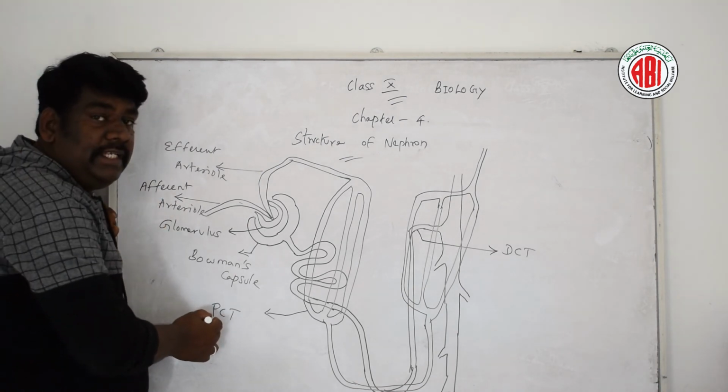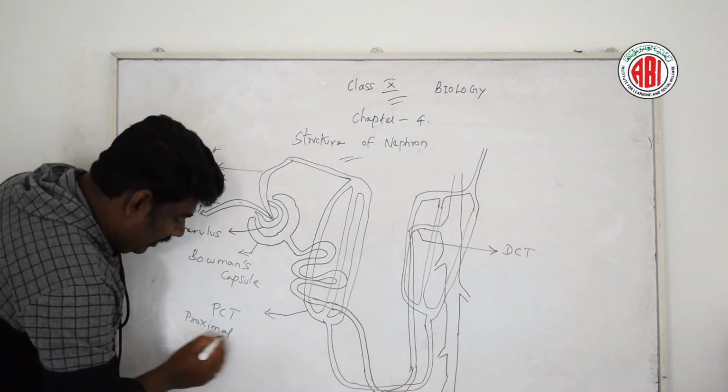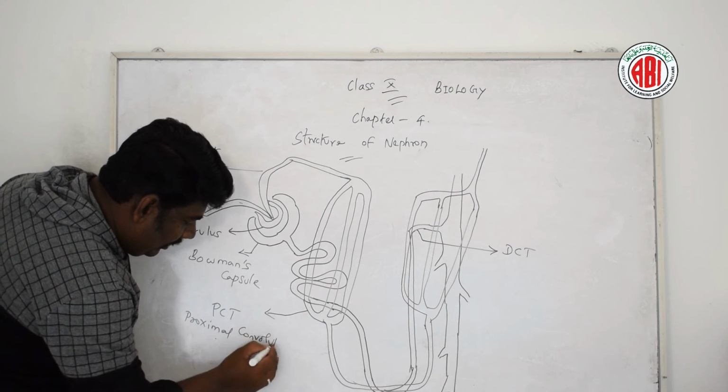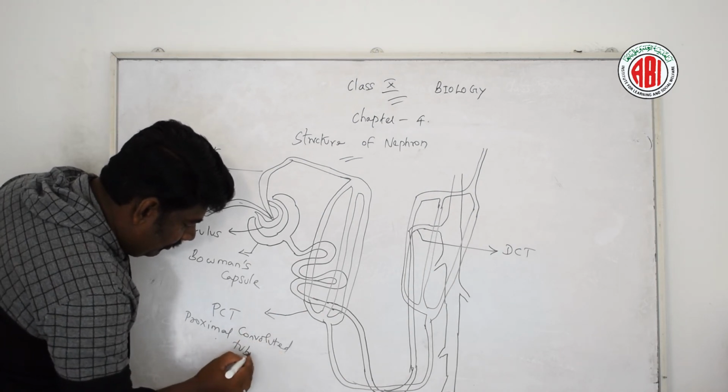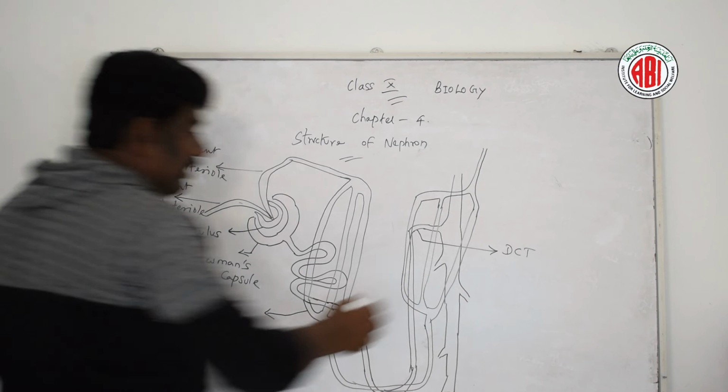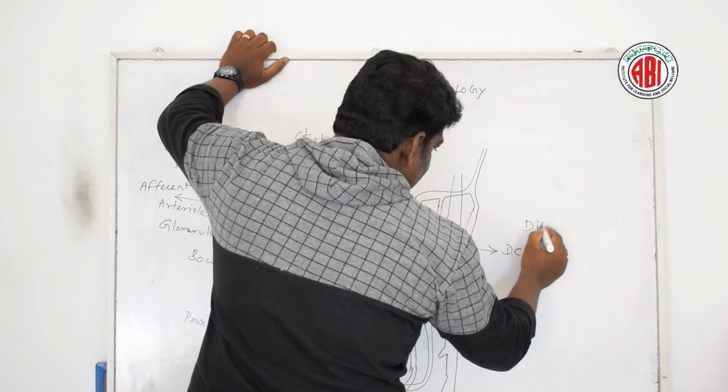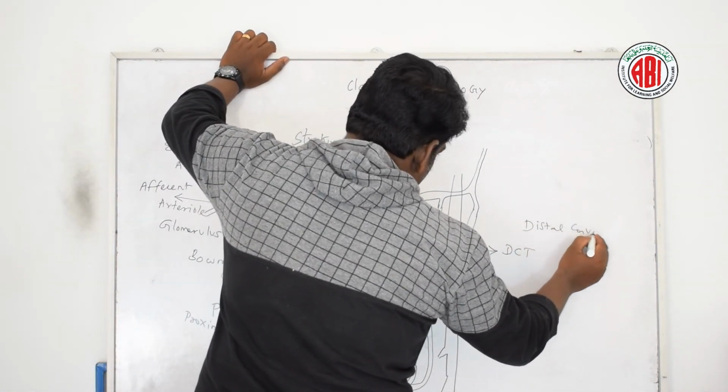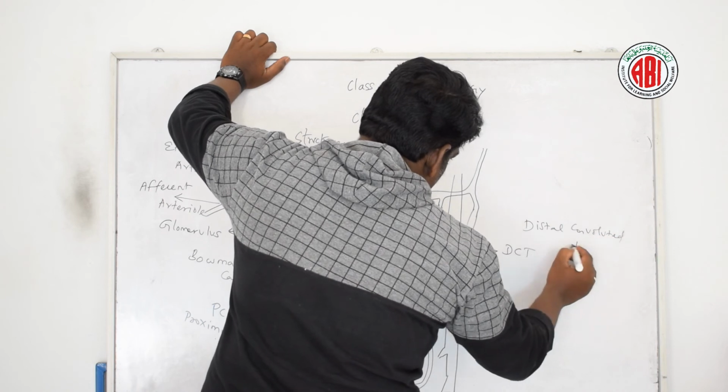PCT means proximal convoluted tubule, and DCT means distal convoluted tubule.